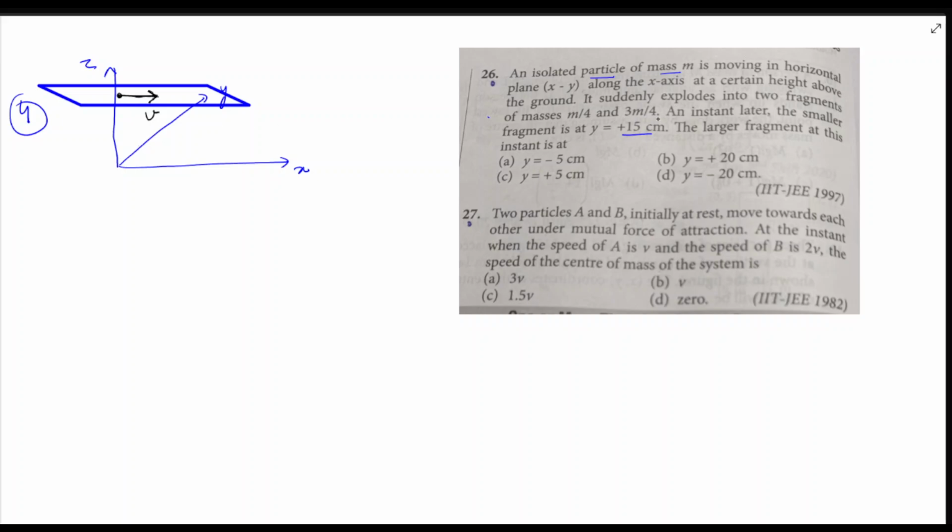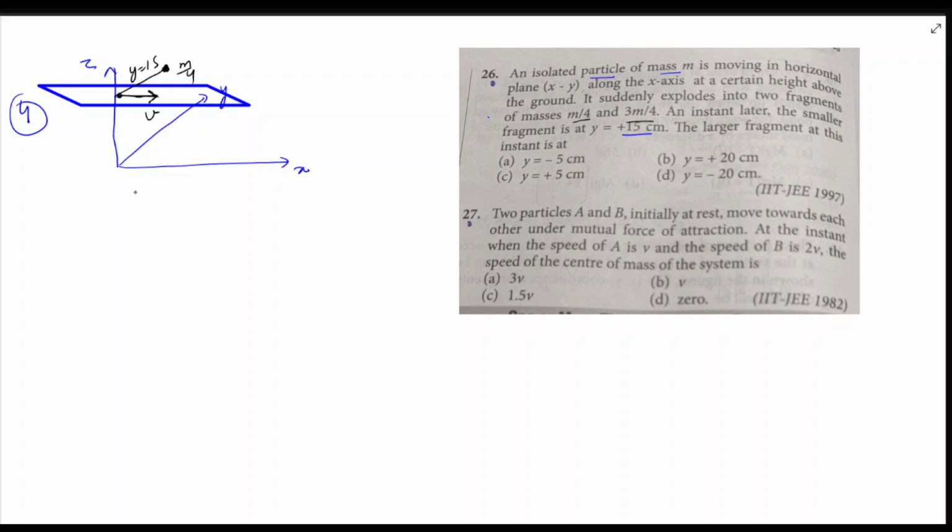Now it suddenly explodes into two fragments of mass m by 4 and 3m by 4, right? At an instant later, the smaller fragment is at y equal to 15. So one fragment is moving like this, and here is y equal to 15, and this is the smaller one, so it's m by 4.